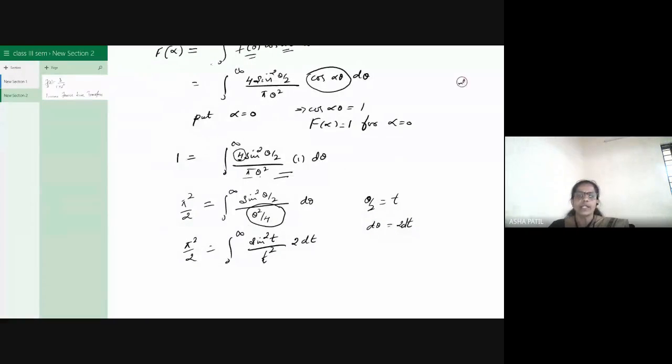That means this term becomes, with this pi taken to the other side, pi is equal to, right? Only pi is there. Now we'll bring this 2 to the other side. We get the answer: pi divided by 2 is equal to integration from 0 to infinity of sine square t by t square. That is our answer.